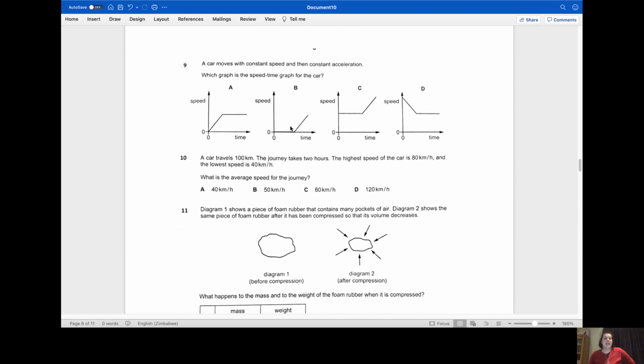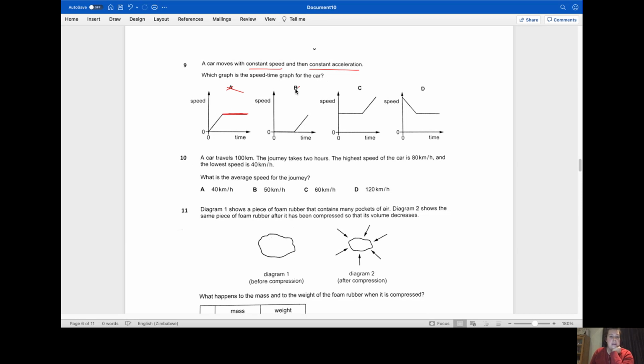Number 9, another speed time graph. A car moves with a constant speed and then a constant acceleration. Which graph is correct? A constant speed means you have a straight line like this. So it's not A because we don't have that straight line first.